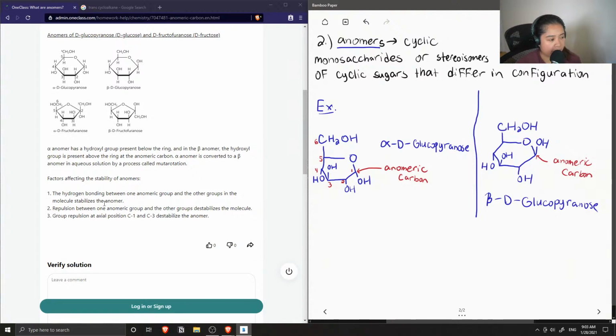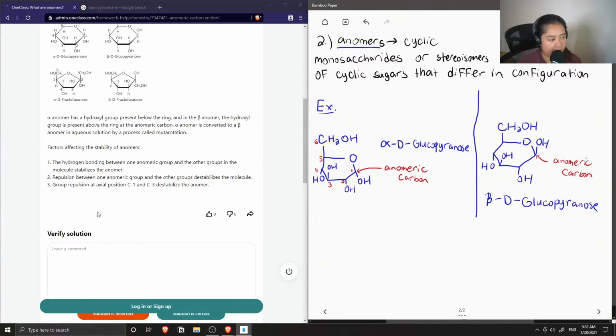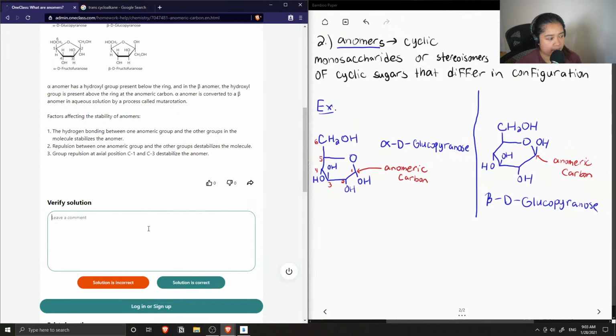The hydrogen bonding between one anomeric group and the other groups in the molecule stabilizes the anomer. You could have repulsion between one anomeric group and the other groups that destabilizes the molecule. And finally, group repulsion at axial position C1 and C3 destabilizes the anomer. Yep, so this solution is correct.